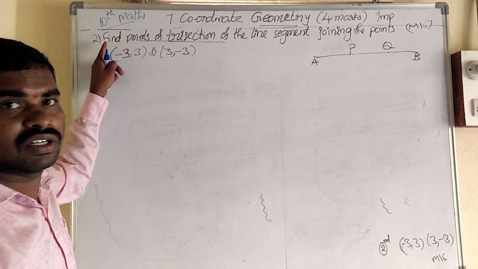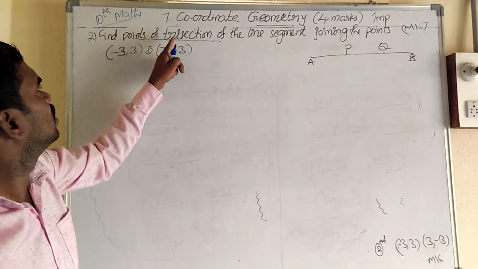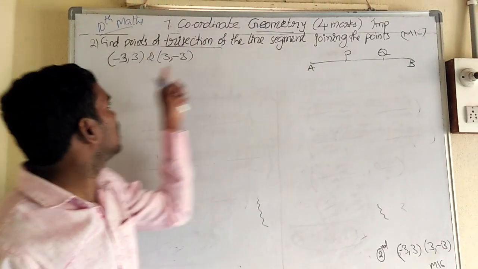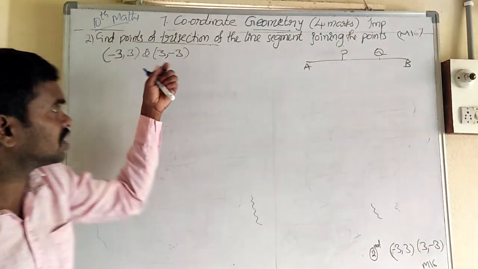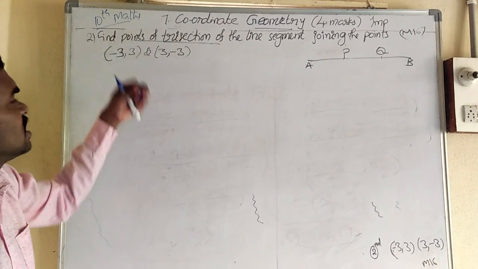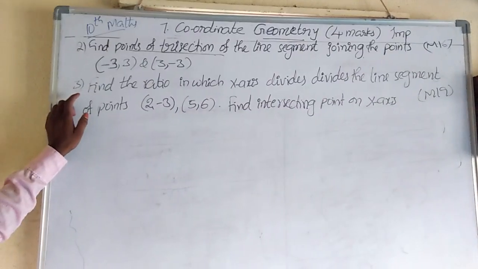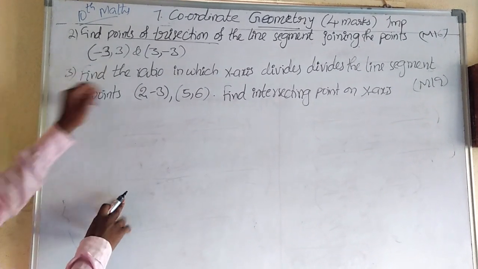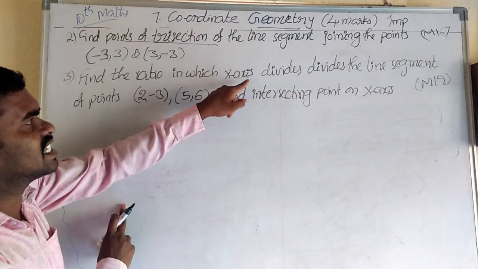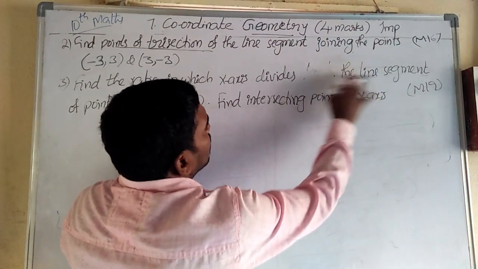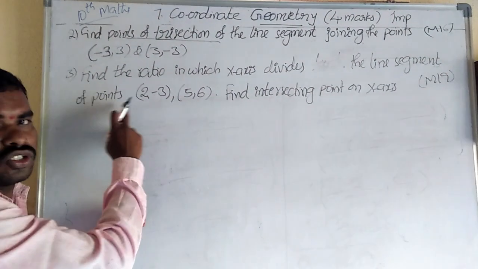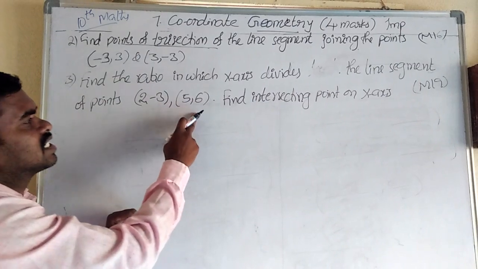So, second question. Find the points of trisection of the line segment joining the points minus 3 comma 3 and 3 comma minus 3. So do it as the first question. The third question: find the ratio in which the x-axis divides the line segment joining the points 2 comma minus 3 and 5 comma 6.